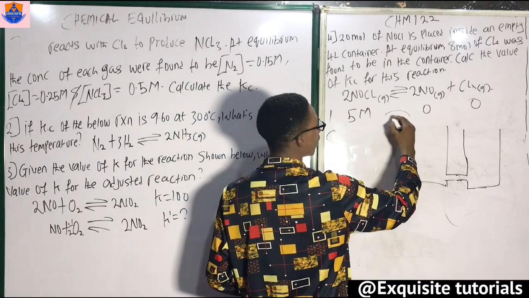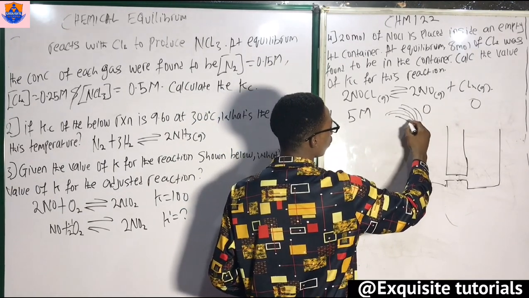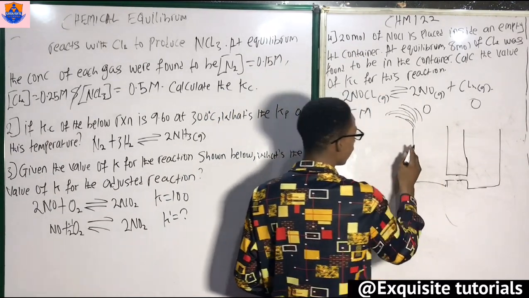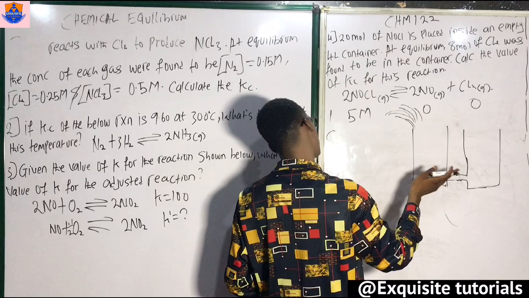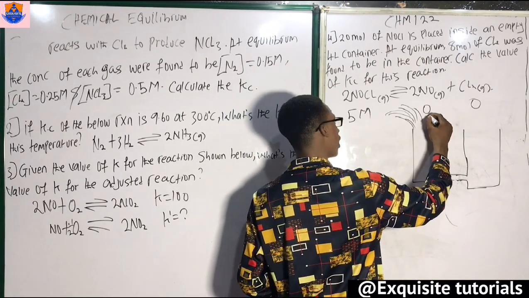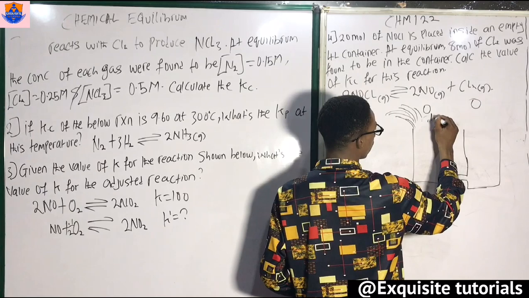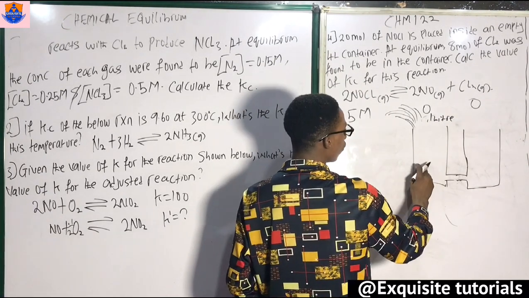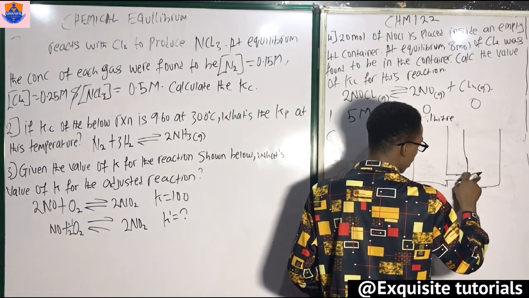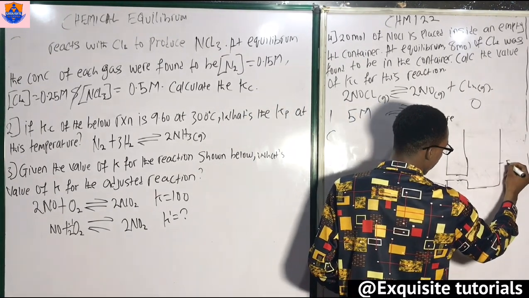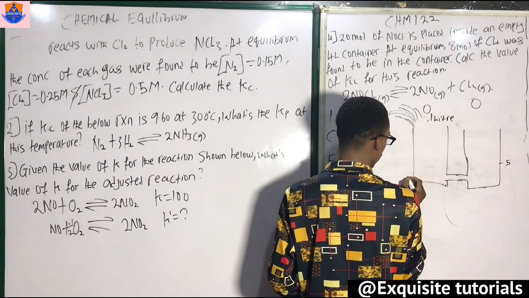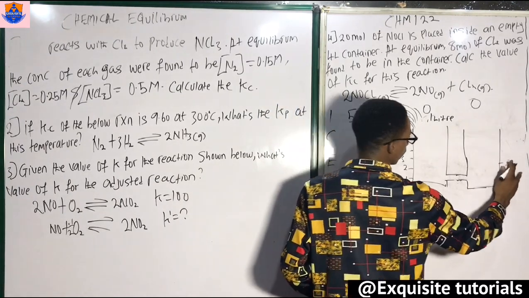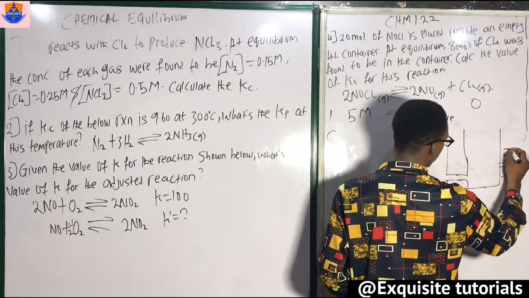Let's assume water is being poured into this part. Let's assume 1 liter of water is poured into this place. If here was given a range of 5, then here is 1, 2, 3, 4, 5. Then the same thing, 1, 2, 3, 4, 5.